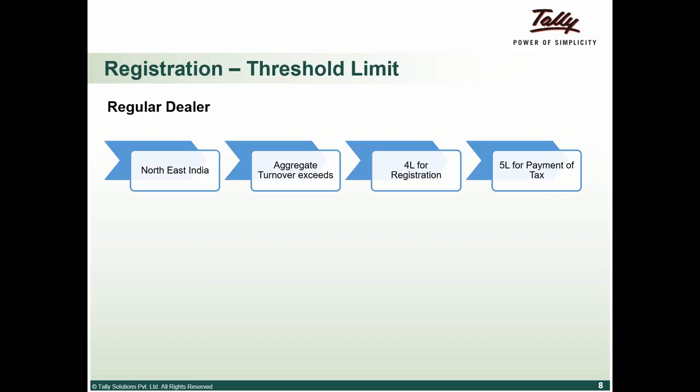He has to register. Now if his aggregate turnover exceeds 5 lakh rupees, then he has to pay tax on the sale, which means the taxability is effective from 5 lakh rupees of aggregate turnover.